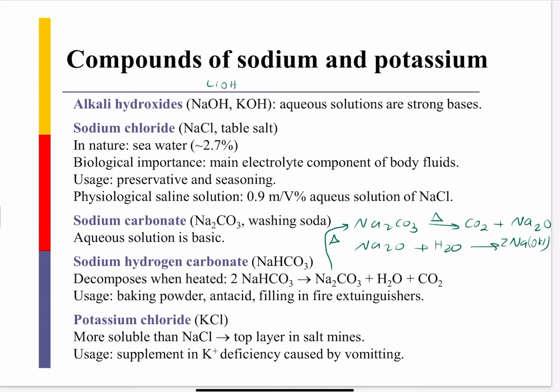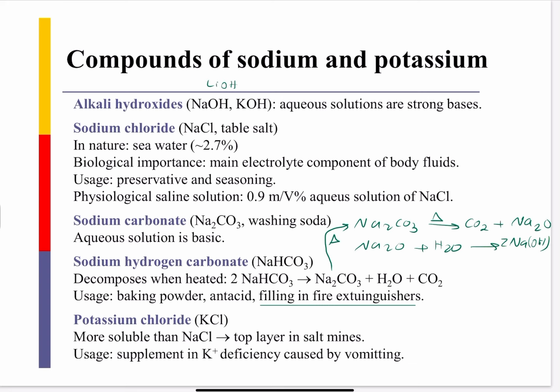If we have air or humidity in the water, it is also important. Filling fire extinguishers is to prevent fire, to stop the fire. It is a very good situation that can help stop the fire.